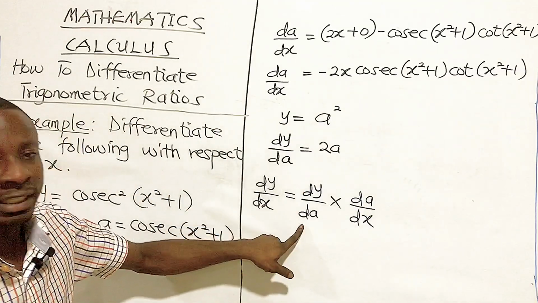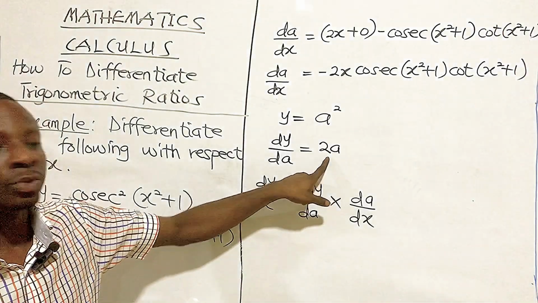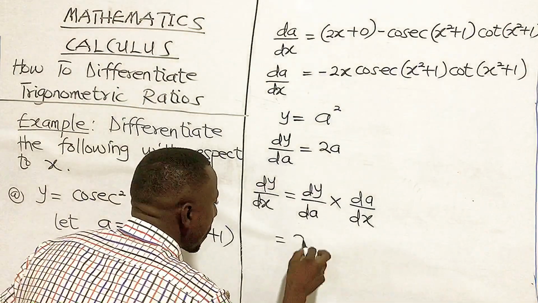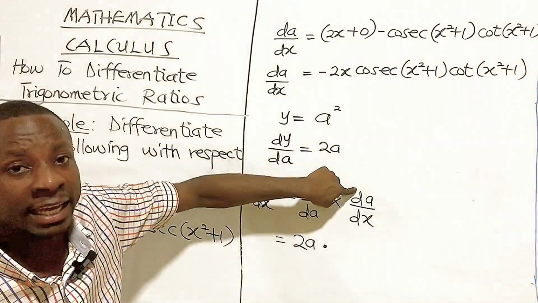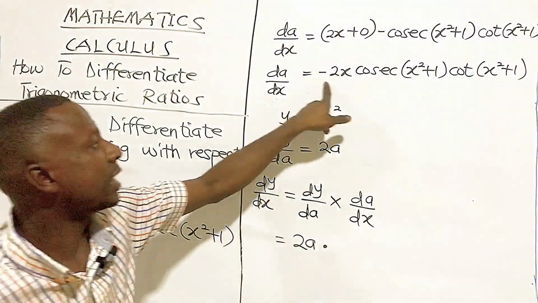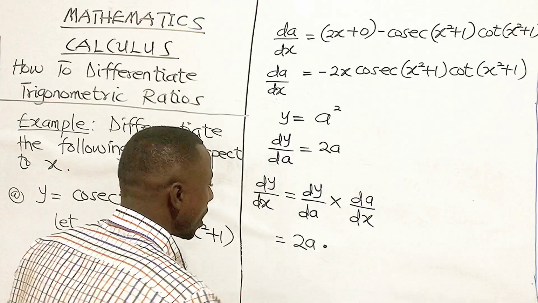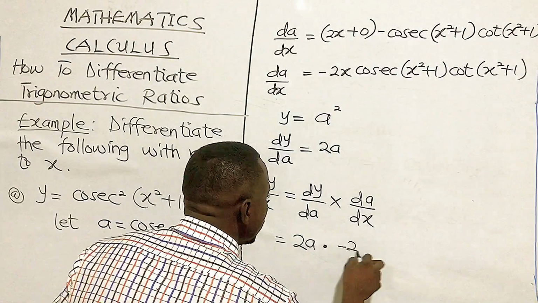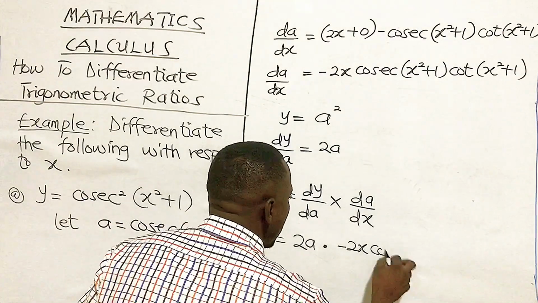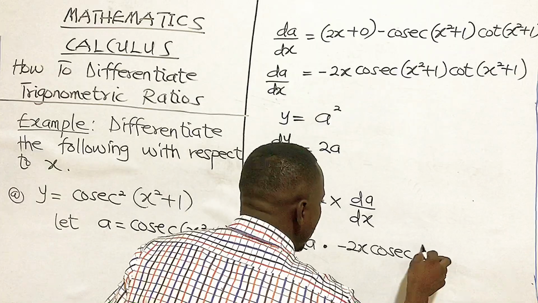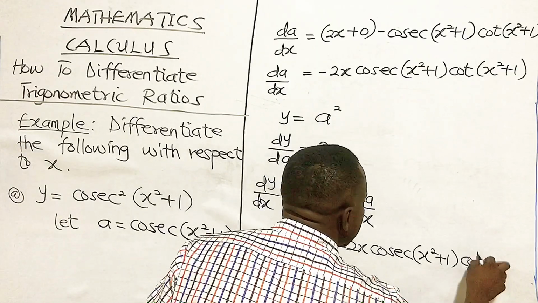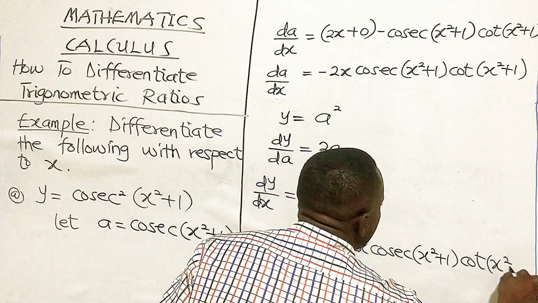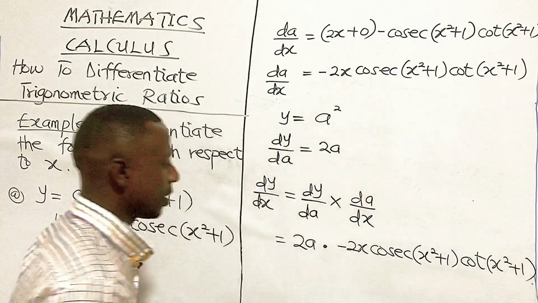Dy over dA is 2A multiplying dA over dx is the whole of this. So we have minus 2x cosec of x squared plus 1 cot x squared plus 1.